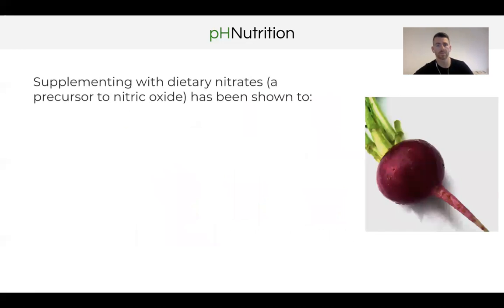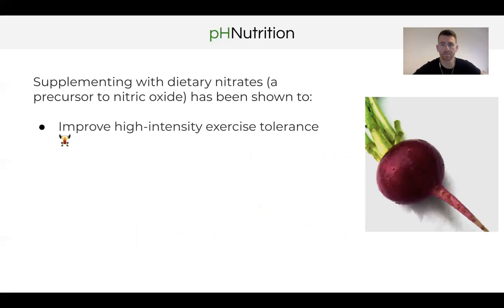Talking about dietary nitrates, because it's a precursor to nitric oxide, it helps blood and oxygen delivery. Thinking about building our engine, we need the right fuel source, the right carrier to make sure the oxygen is getting to the working muscles. It's been proven, and there's lots of research on it, guys.